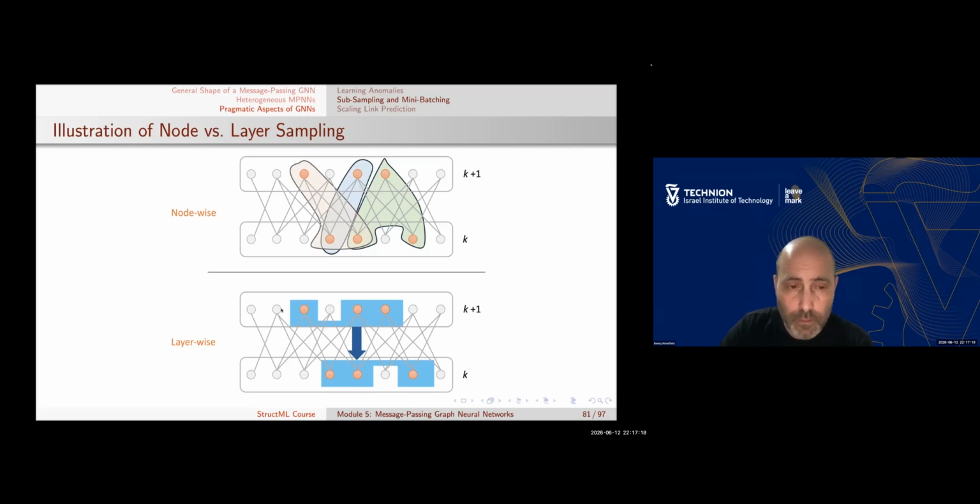That's node-wise. And layer-wise, we take the full set of nodes for k minus one and produce from that the set of nodes for layer k. Again, from the full batch to the full batch.